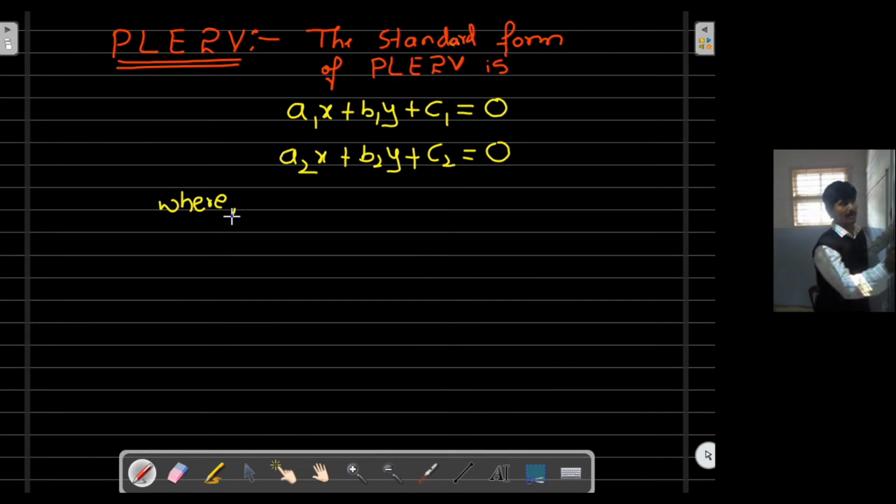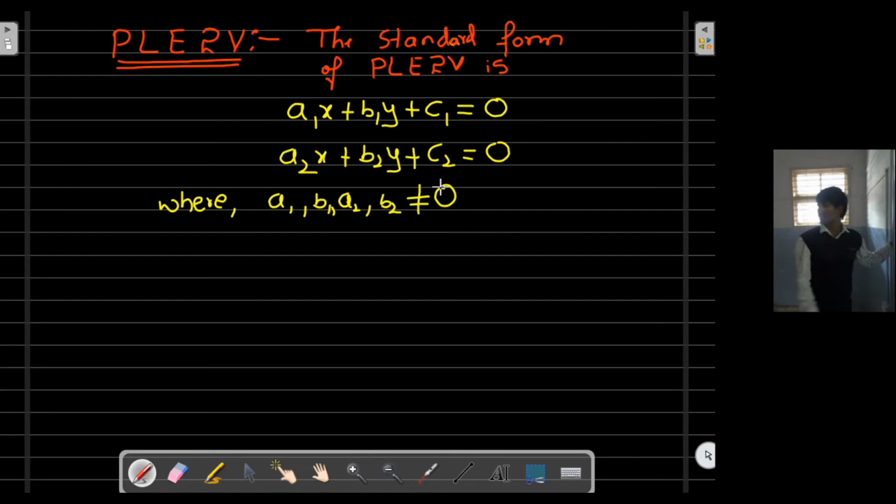Here, a1, b1 and a2, b2 are not equal to 0, because you know the reason. A pair of linear equations in two variables means you need two variables in the equation. Suppose a1 and b1 both become 0, then it will not have the form of a linear equation in two variables.